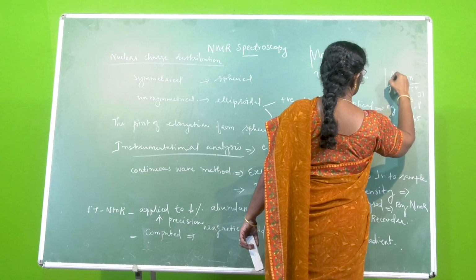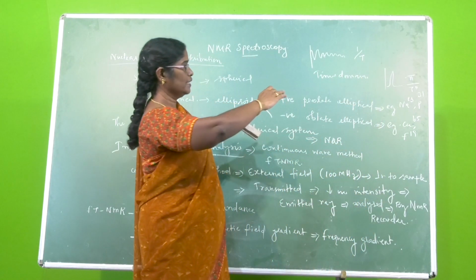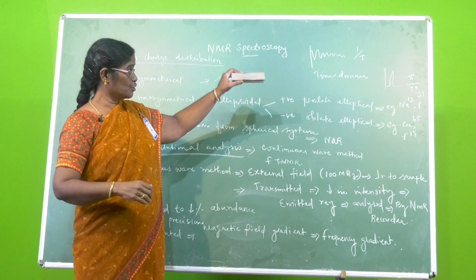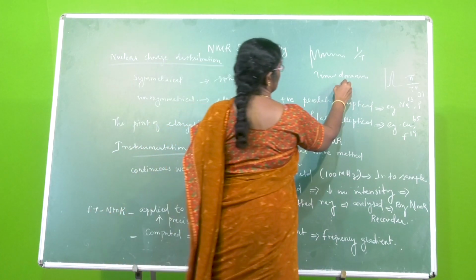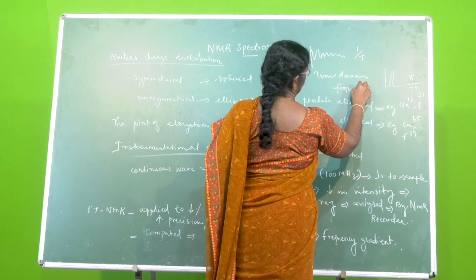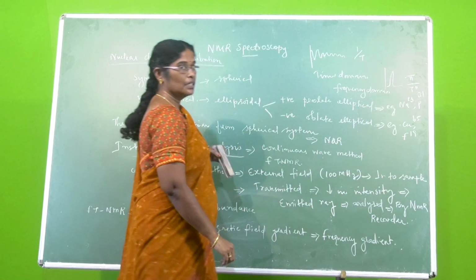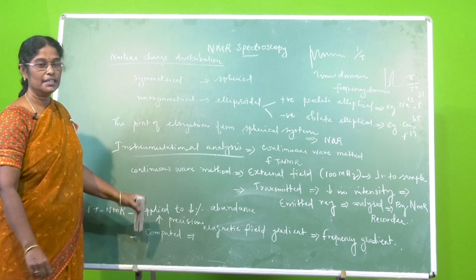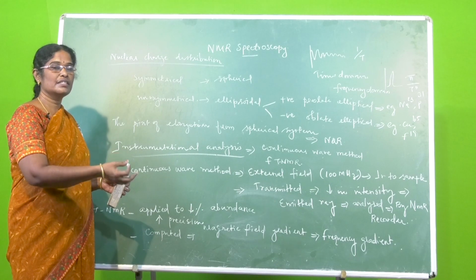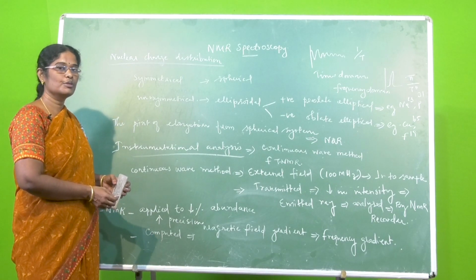There is one wave amplitude component that is resolved into the parameters to observe, which we call a frequency domain system. And these are the outcomes of the continuous wave method, where we apply an external magnetic field and observe what happens with the resonating magnetic flux that is developed in the sample of the molecule placed under observation.